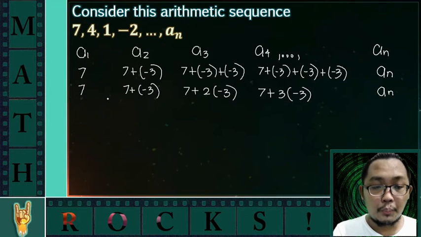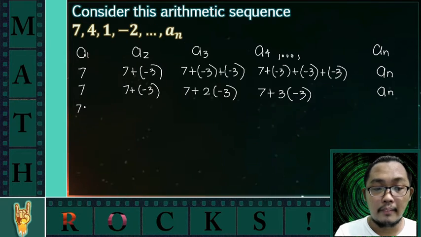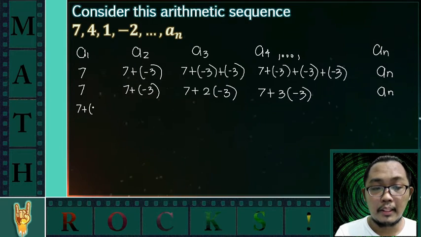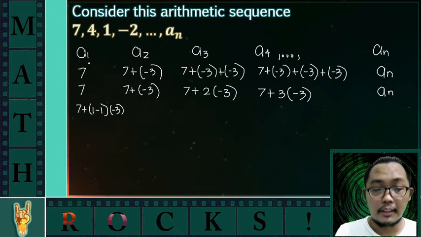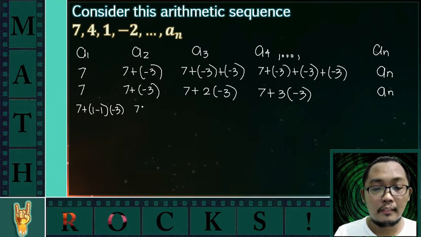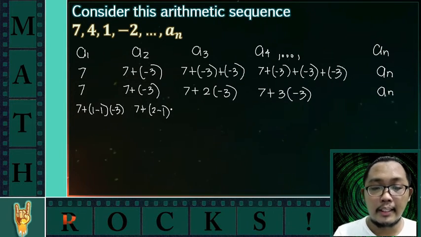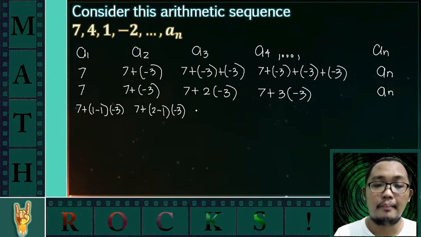So that means we may have this be written as 7 plus. So remember that we are reducing the 1 by 1 so that it gives us the 0 a while ago. While here, we have this 2 minus 1 to give us the invisible 1 right here multiplied with negative 3.